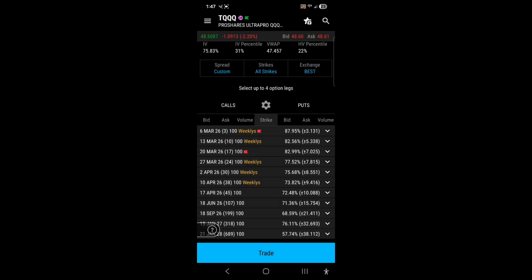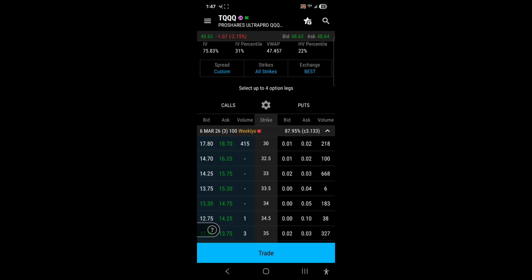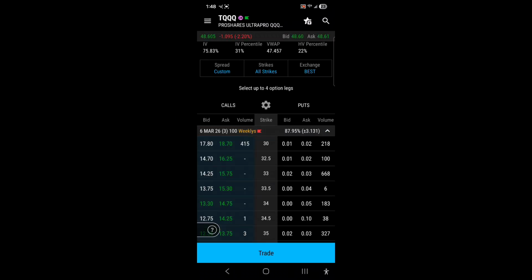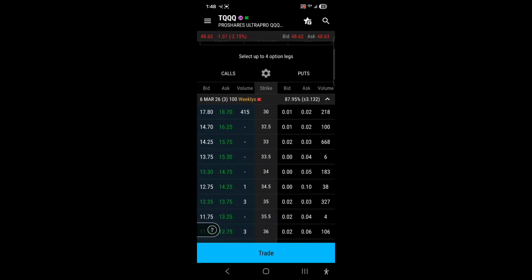So now look at all these arrows pointing down. I'm going to expand one. I'm going to choose this top one, March 6th, which is later on this week. If I expand it down, it's going to open up many more numbers.